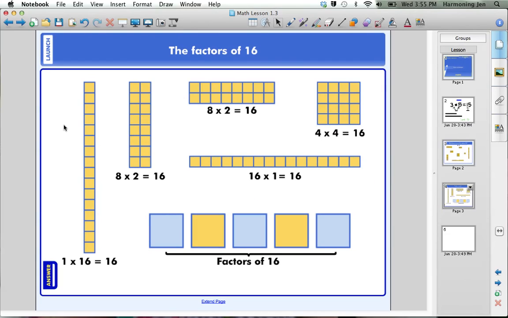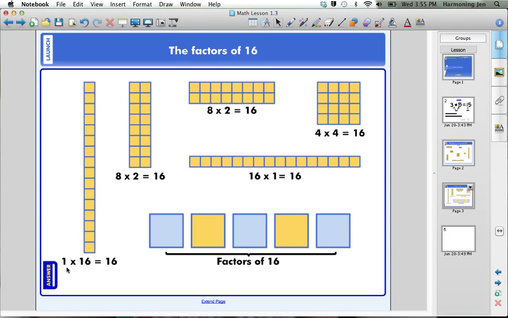Now, if all of these arrays represent the factors of 16, we can use the dimensions of these arrays to make a list of the factors of 16. If you just look at all of the factors that are present, you can put them into a list, and each factor only goes on the list one time.